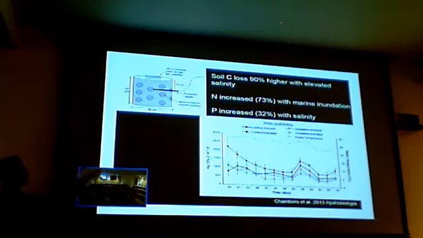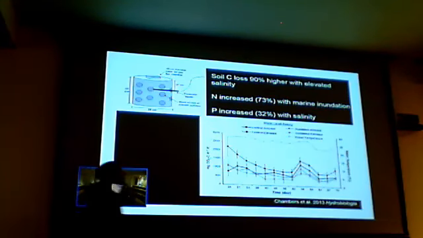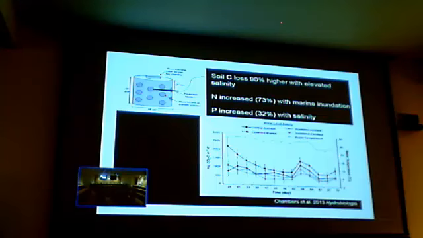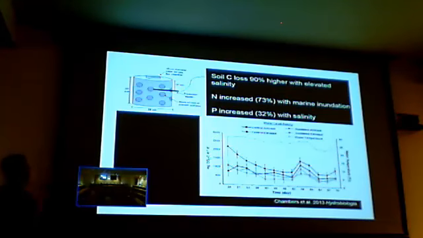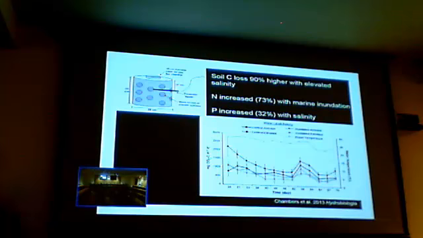The long and short of this figure is that soil carbon losses increased by 90% with elevated salinity. Nitrogen increased in the form of ammonium by 73% with higher water depth. And phosphorus was released with added salinity.